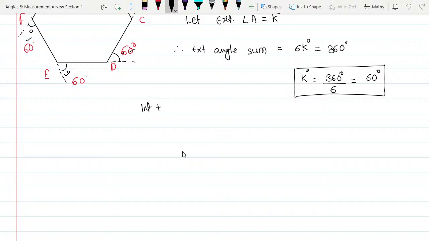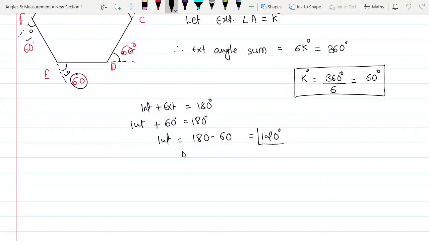Interior plus exterior is equal to 180 degrees, and the exterior angle is known, which is 60 degrees. Plus the interior we don't know, which is equal to 180 degrees. So how much will the interior be? It is 180 minus 60, so this is equal to 120 degrees. Yes Sahil, very good. This is what we get as the interior angle.